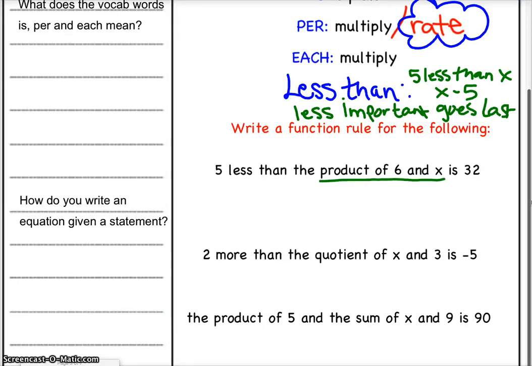What does product mean? Multiplying. So that means I'm going to go 6x is, what does is mean? Equals. 5 less than means less important. So I'm going to go 6x minus 5 is 32.